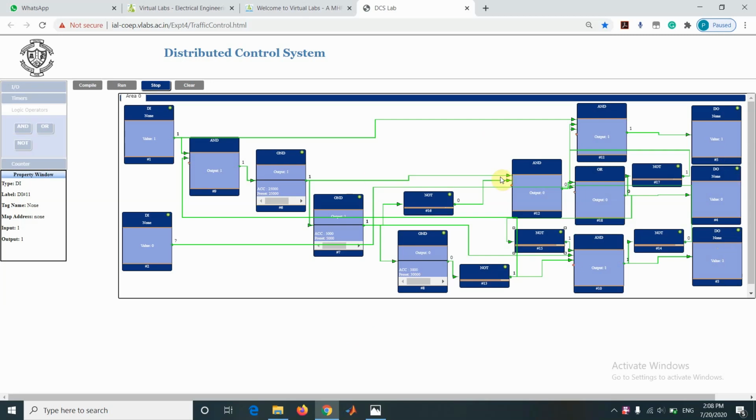So this cycle would continue to run as it was in the basic circuit.